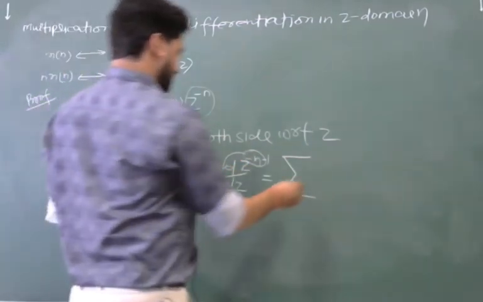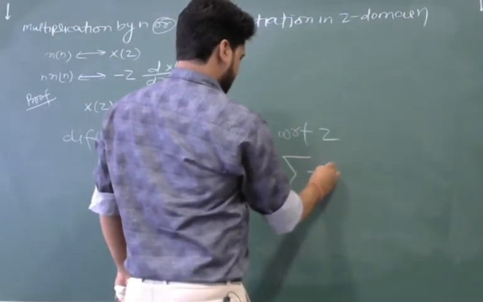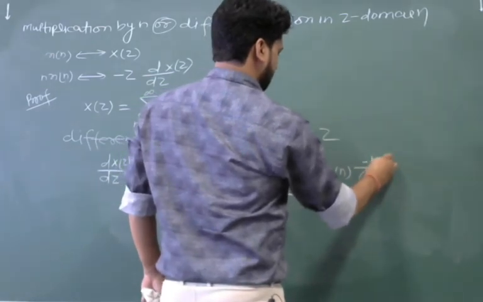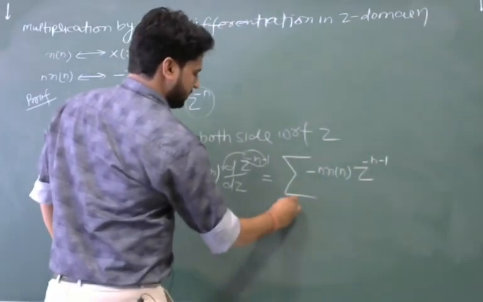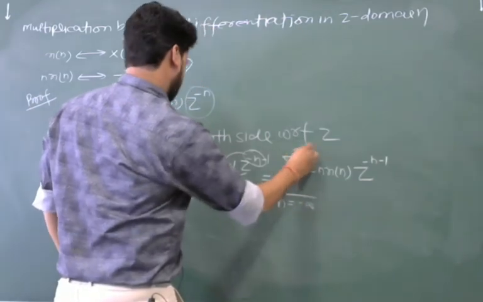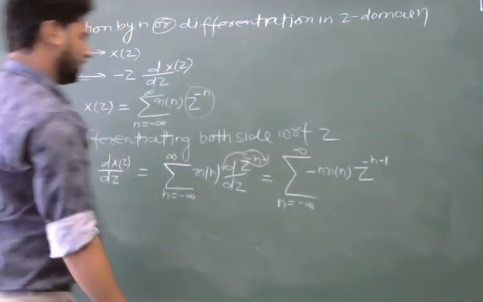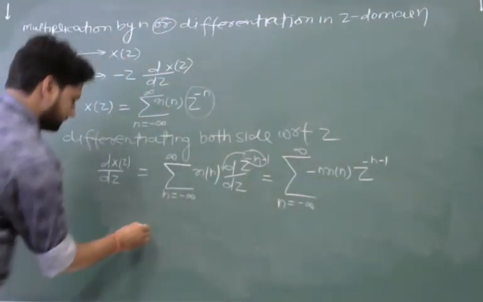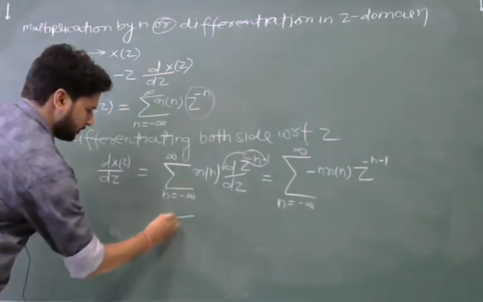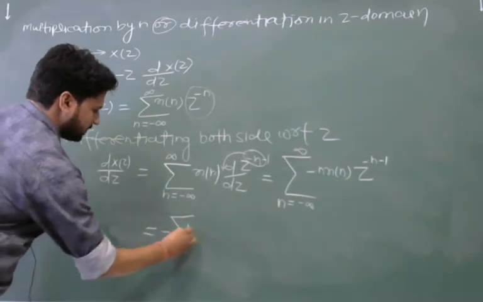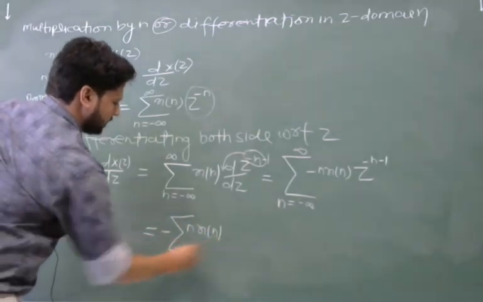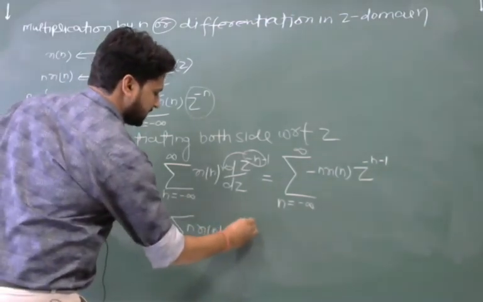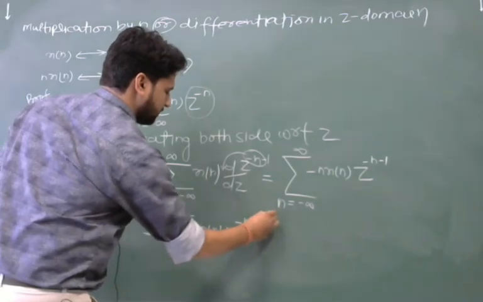So this will become minus n x of n into z power minus n minus 1, where n is from minus infinity to plus infinity, or this can be written further as sigma, minus n x of n into z power minus n into z power minus 1.